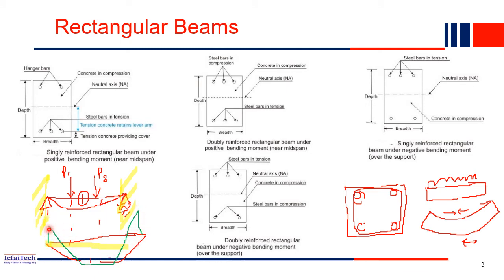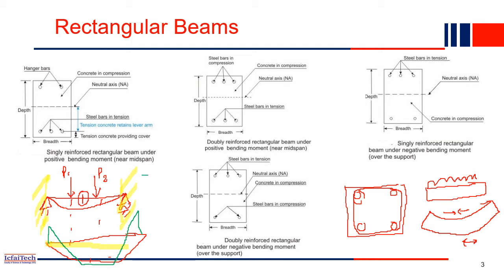So at the middle it is always a positive bending moment, whereas near the support the bending moment is negative. Negative means the beam will bend in the opposite way. So near the support, the top fiber is subjected to tension, whereas the bottom fiber is subjected to compression. Near the support the beam will bend in just the opposite way.